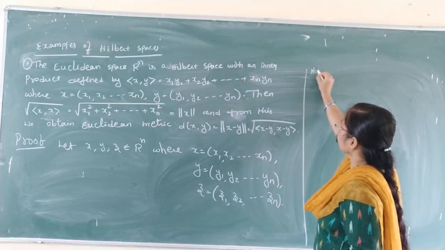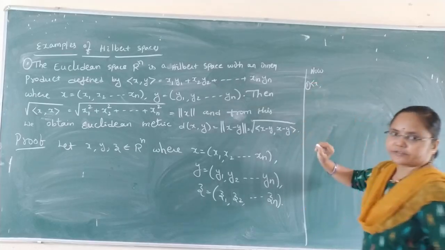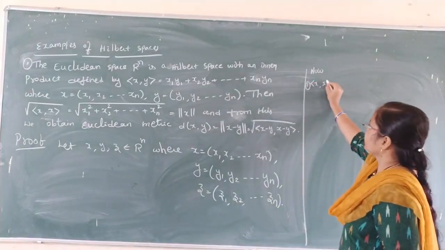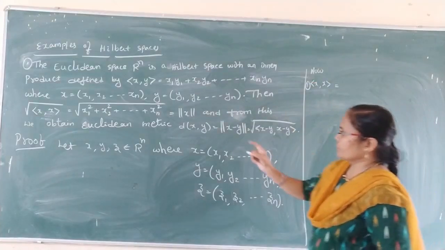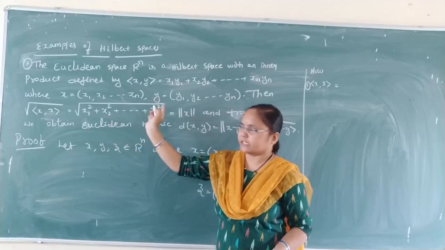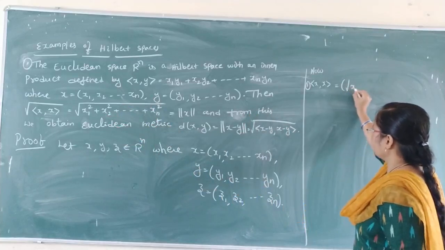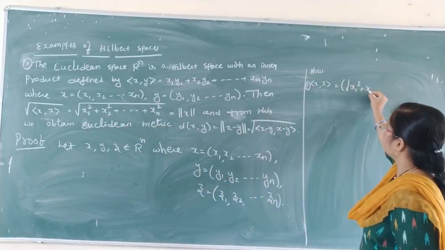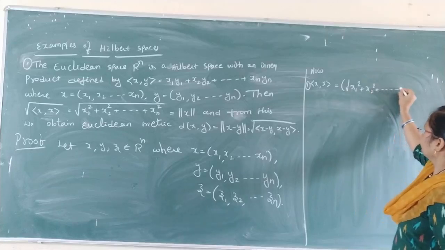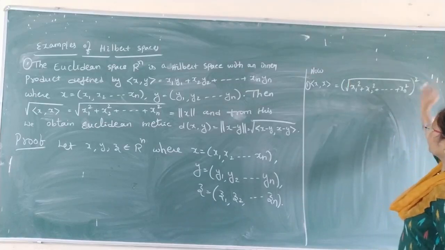Now, the first property of the inner product space: the inner product of x comma x is equal to, taking the square to this side, the root becomes the root of x1 square plus x2 square and so on plus xn square, whole square.